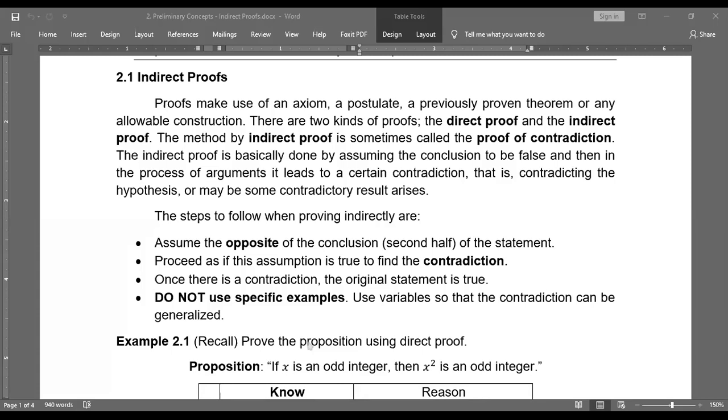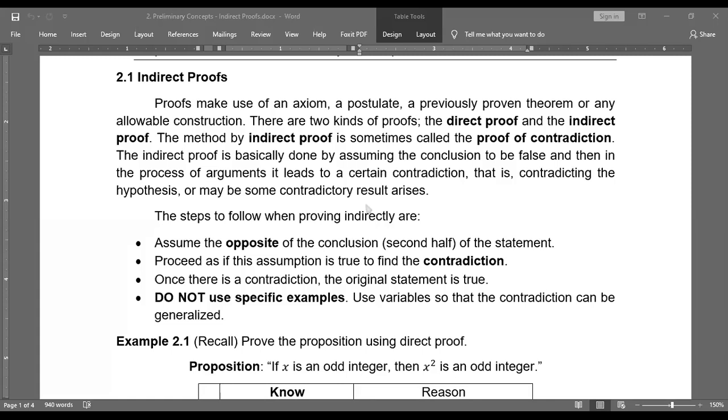Yung statement natin, meron tayong antecedent at consequent, di ba? Sir, pag yung pangalawa false, dun lang siya magfo-false. Kapag yung consequent natin is false, magiging false yung buong conditional. Ganun ba yun?